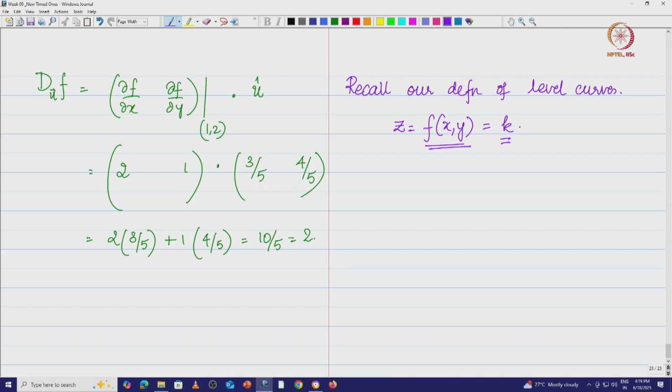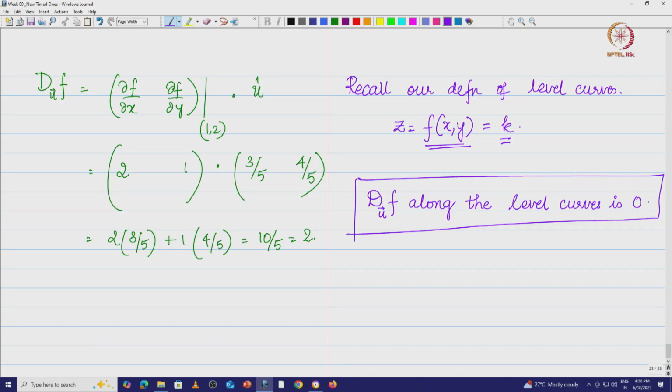Therefore we are going to say that the directional derivative d of the function in the direction u, where the direction is going to be along the level curves, is 0.